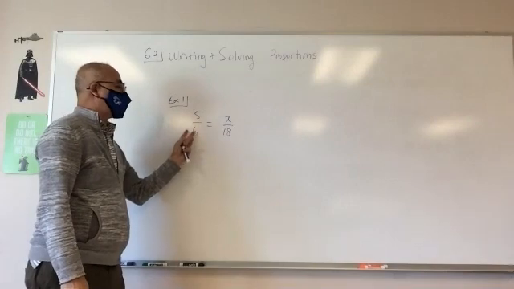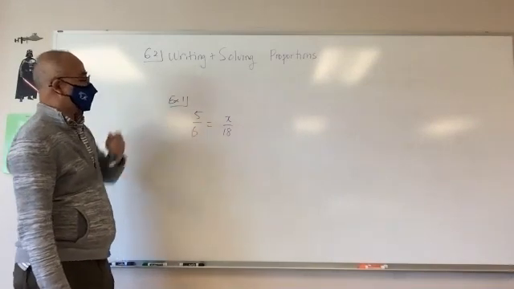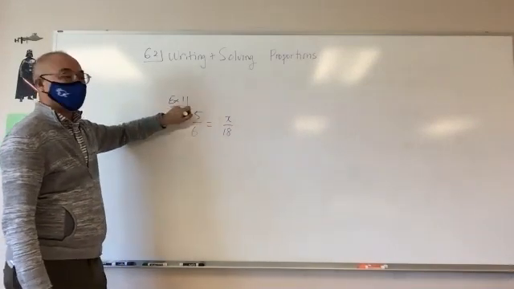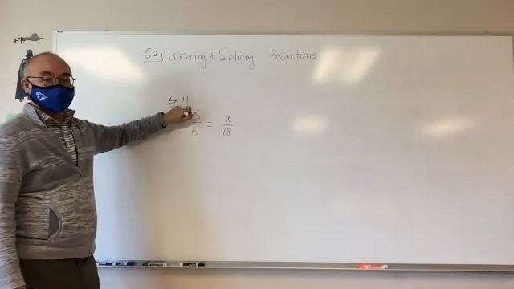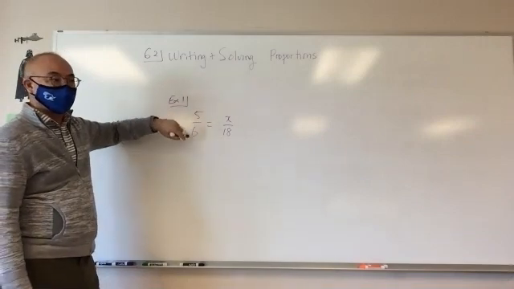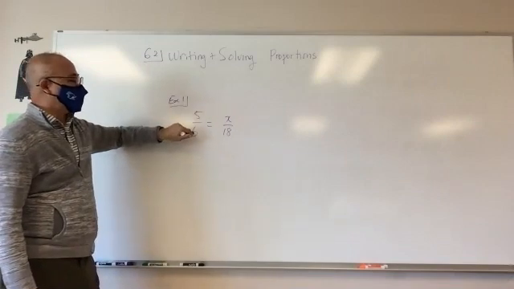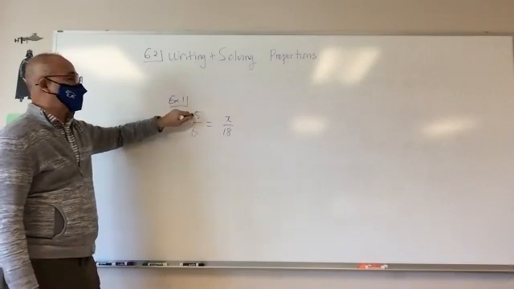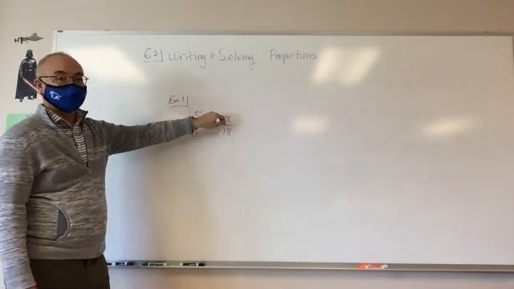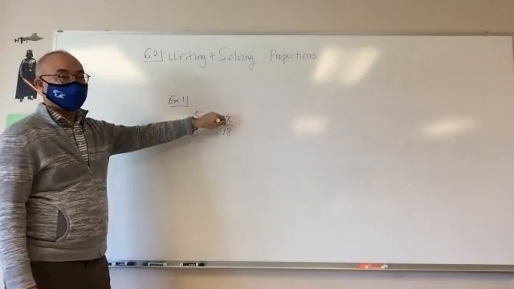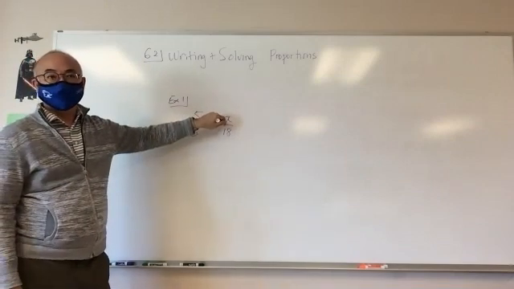If I multiply the bottom by 3, I must have multiplied the top by the same thing. I have to multiply the numerator and the denominator by the same thing. So if I multiply this by 3, I must multiply this by 3 to get x. So x would be 15, since 3 times 5 is 15.